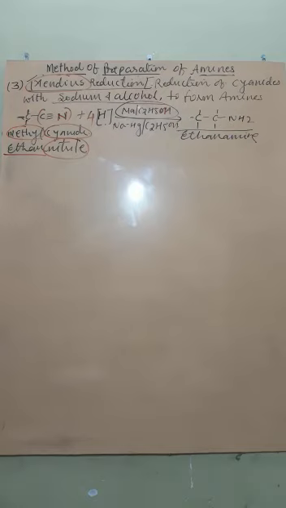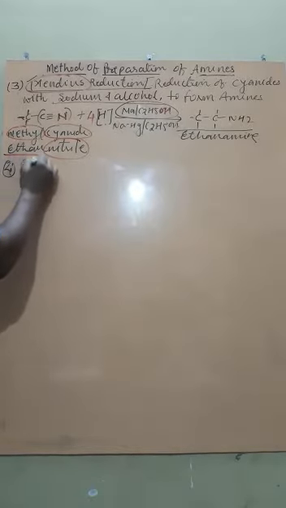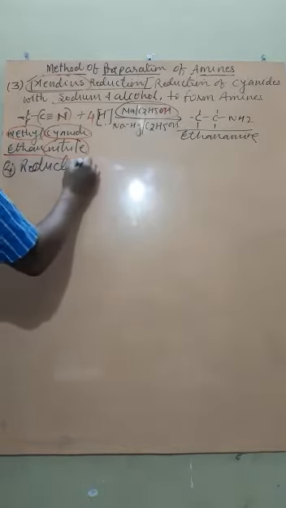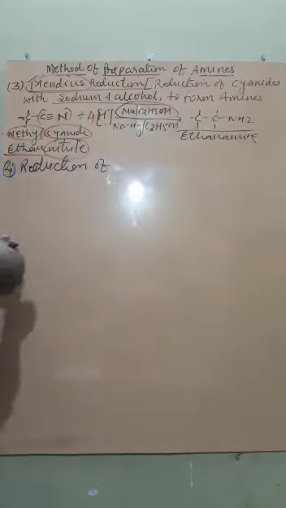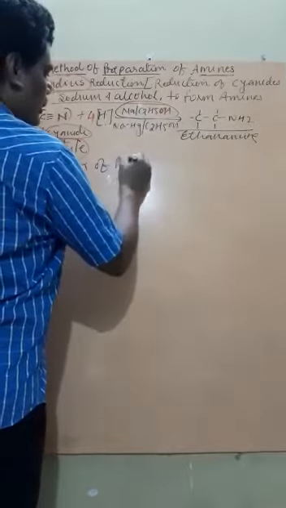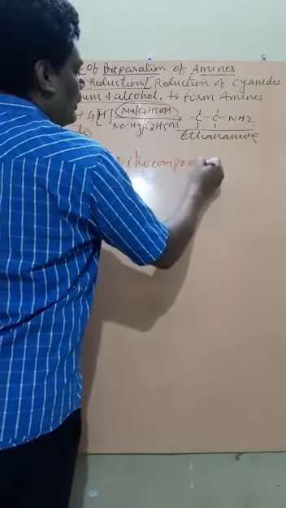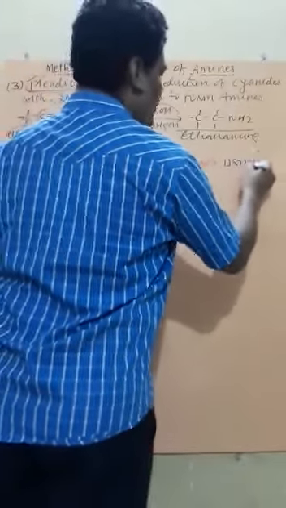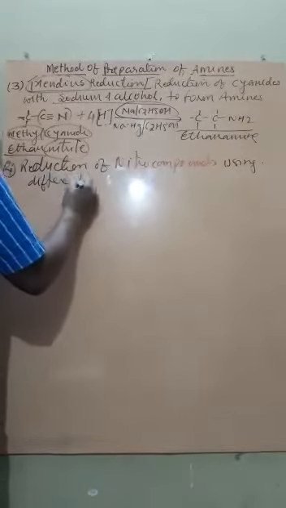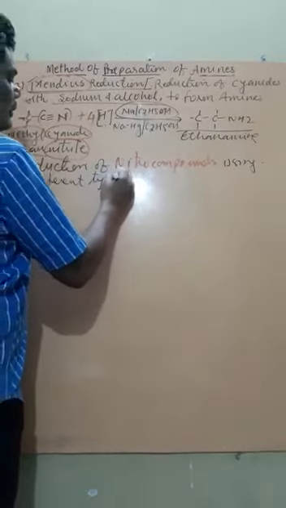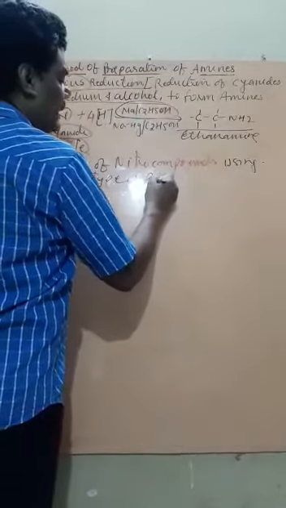The next reaction, reaction number 4, is reduction of nitro compounds using different types of reducing agents.